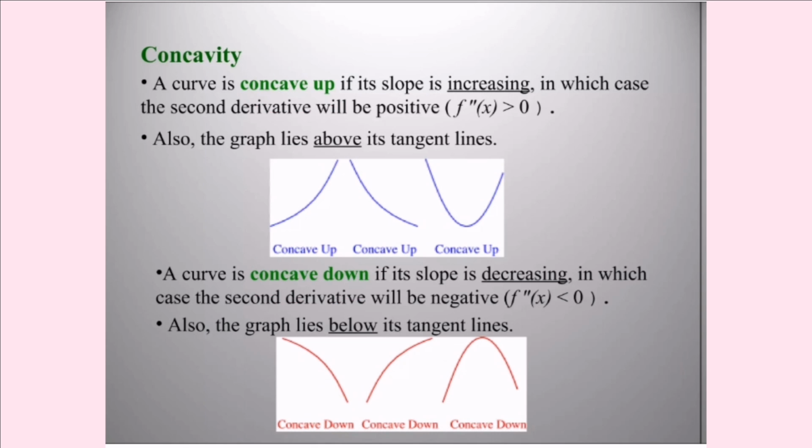A curve is said to be concave up if the slope is increasing, in which case the second derivative will be positive.